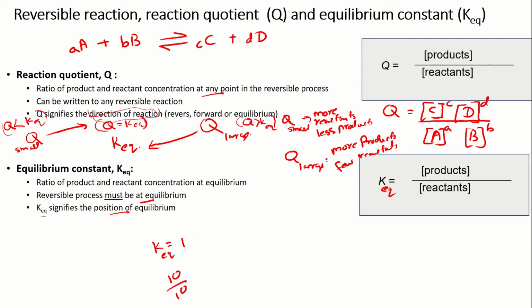And then you can find the other two extremes, where Keq is going to be larger than 1 and the other situation where the equilibrium constant is going to be smaller than 1. Now again, let's think with numbers.